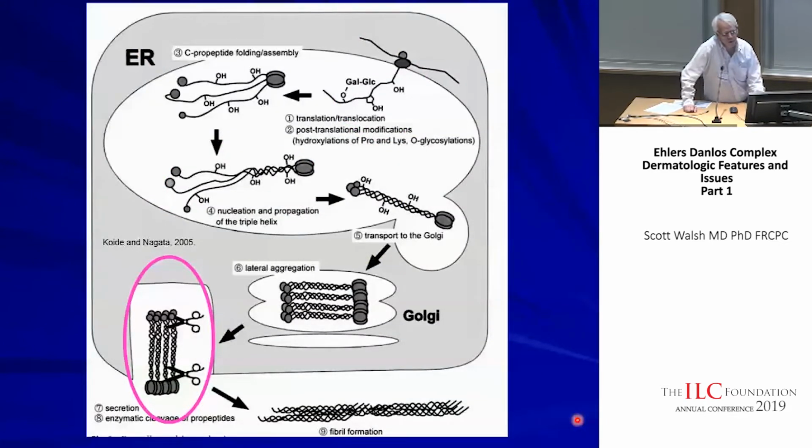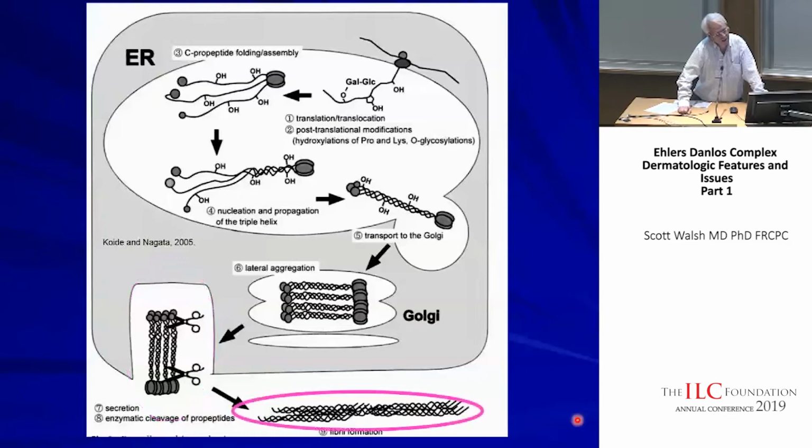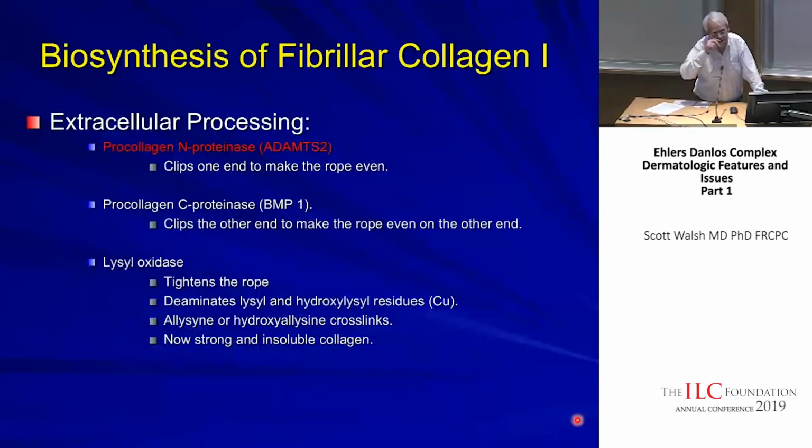Now, this is a pre-protein, so this is not the final end to the collagen. You've got to process the ends of the collagen to make it into a normal molecule, and those are those little scissors there. This happens generally outside of the cell, and there are two different players here. One processes one end, and the other processes the other end of the collagen molecule.